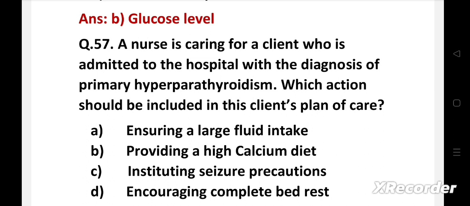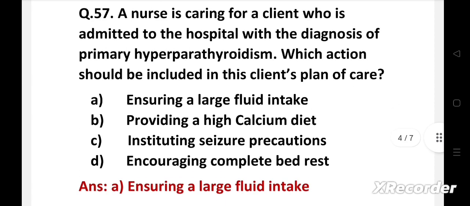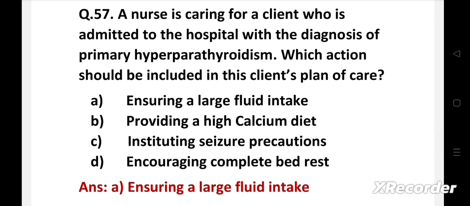Option A, ensuring a large fluid intake. B, providing a high calcium diet. C, instituting seizure precautions. D, encouraging complete bed rest. Right answer is option A, ensuring a large fluid intake.